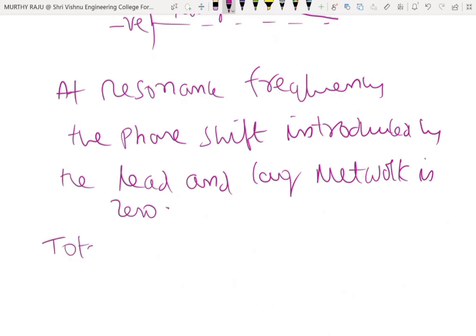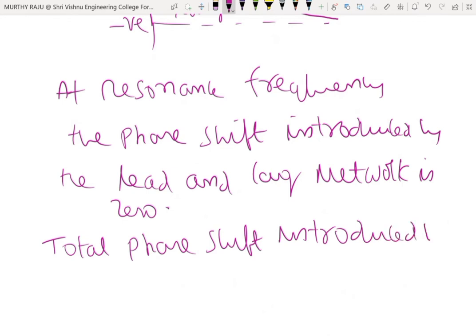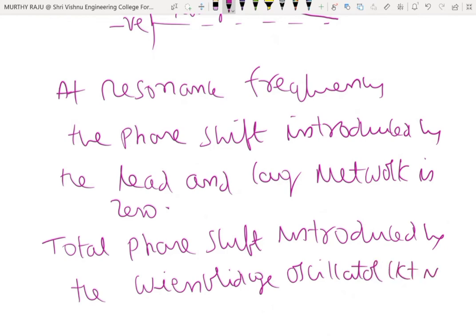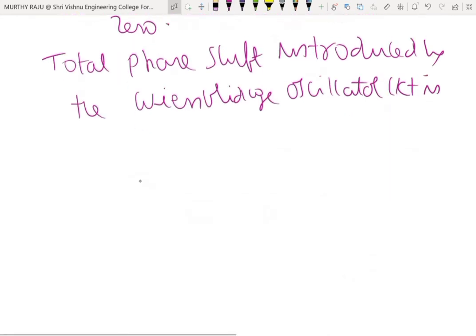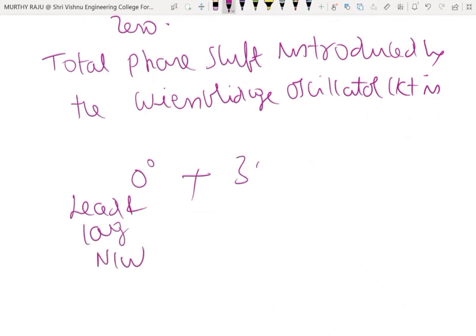Therefore, the total phase shift introduced by the Wien bridge oscillator circuit is 0 degrees from this lead and lag network, plus 360 degrees or 0 degrees introduced by the two-stage RC coupled amplifier.